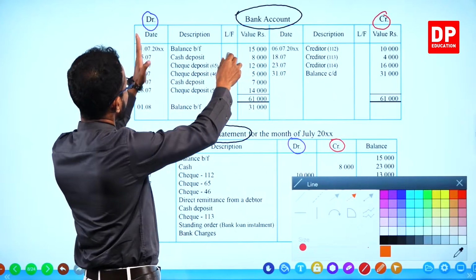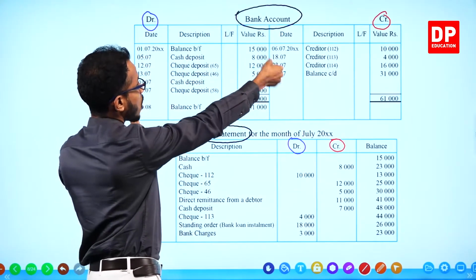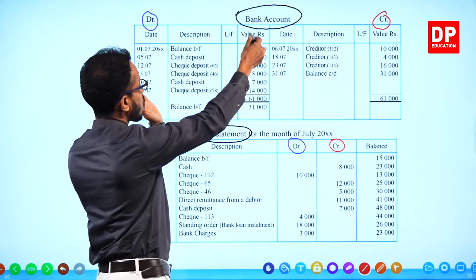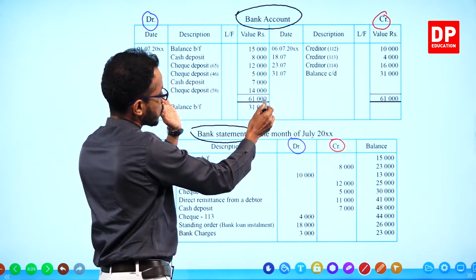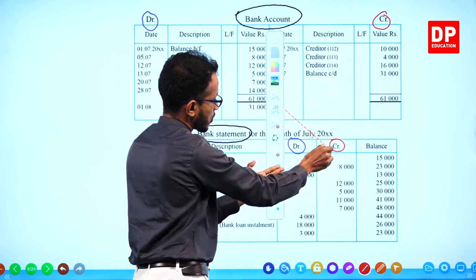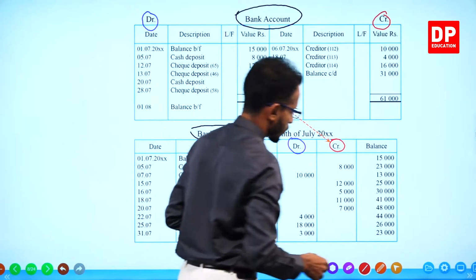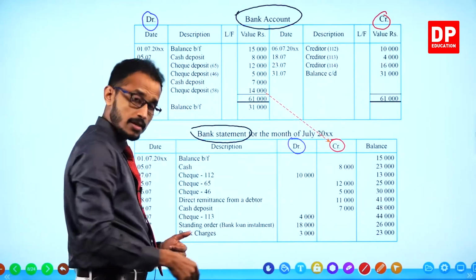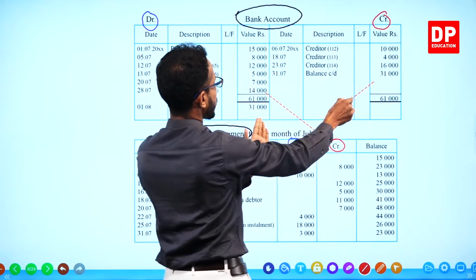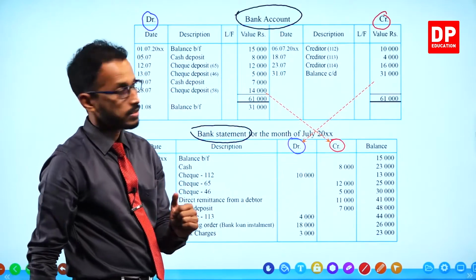Debit, this side. Let's focus on the amount column, the value column. The debit value column should be compared with the credit. The credit side value column, the amount column, should be compared with the debit. Got it?